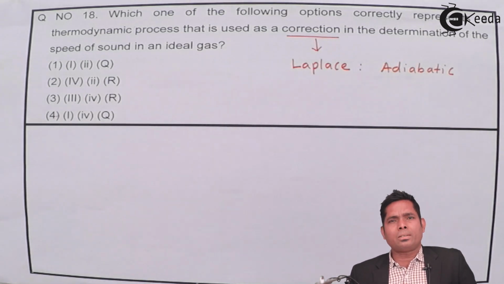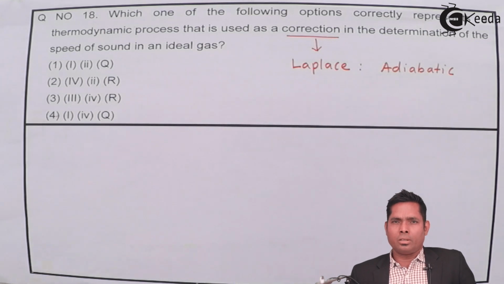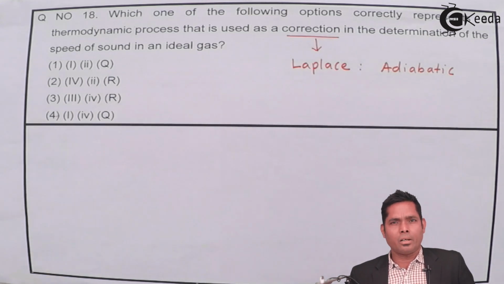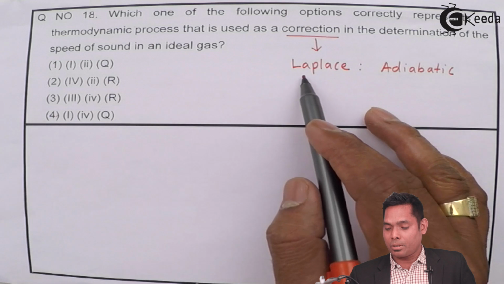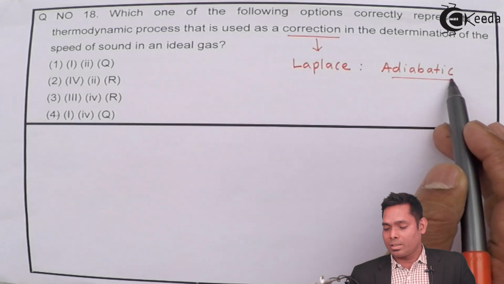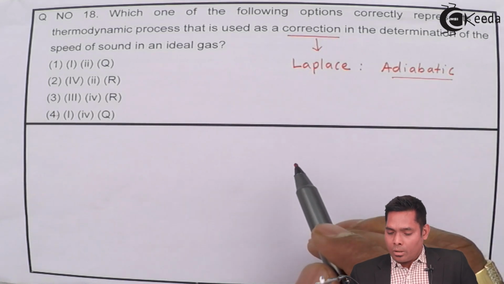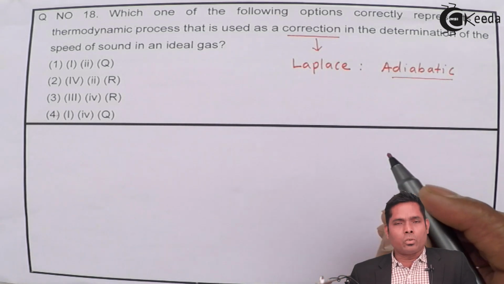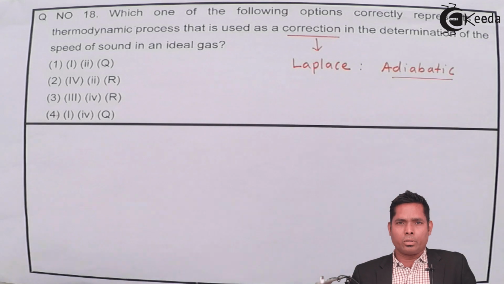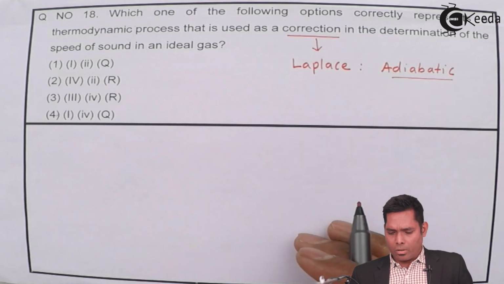According to Laplace the process is adiabatic, and according to Newton it was isothermal, and that was rejected and this was accepted. So the process is adiabatic. That means we have to think of the adiabatic process and work done during the adiabatic process.